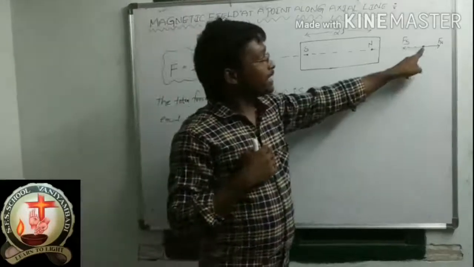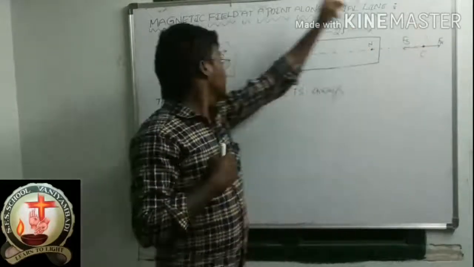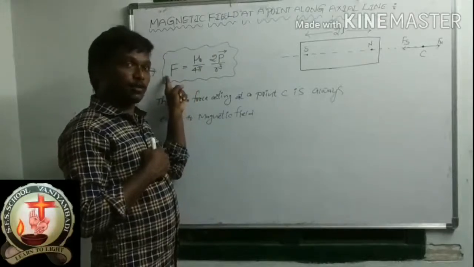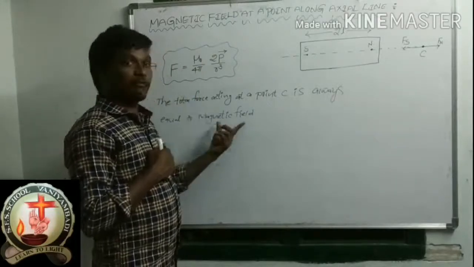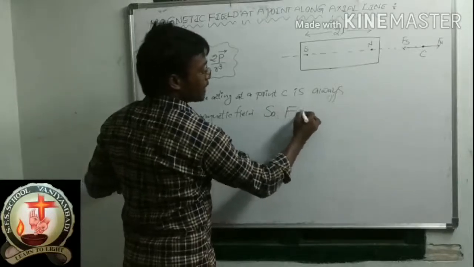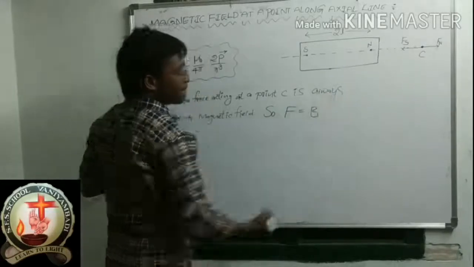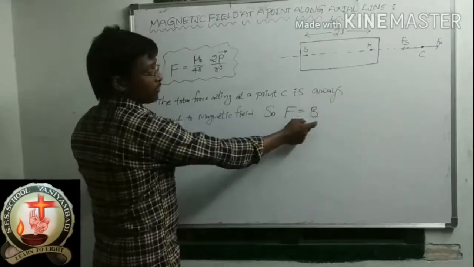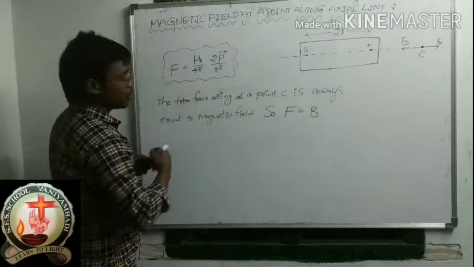So at point C, the total force, how much? F. So this total force is equal to the magnetic field. So F is equal to B. So in the place of F, we can substitute the B value.